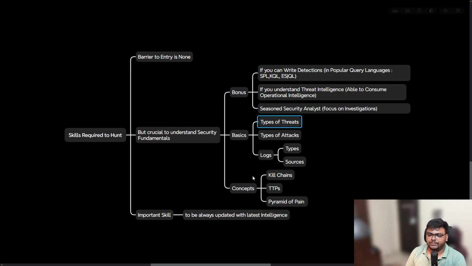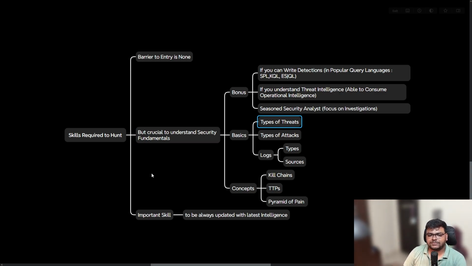If you are updated with intelligence, it will be easy for you to even devise a hypothesis and also figure out newer threats in your environment. So again, very important skill. You can use some kind of RSS feed, you can use some kind of intelligence product, depending on the case and the user, to be updated on the latest and greatest of what is happening around you.